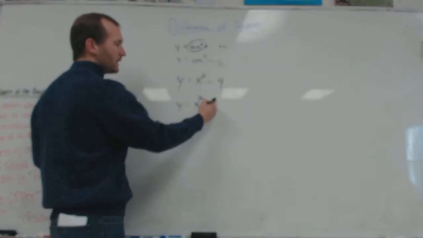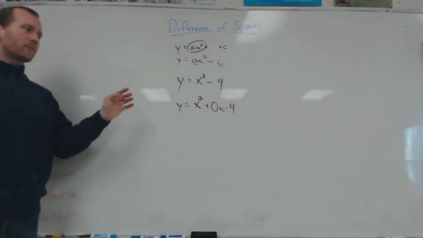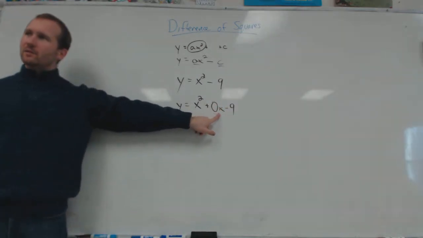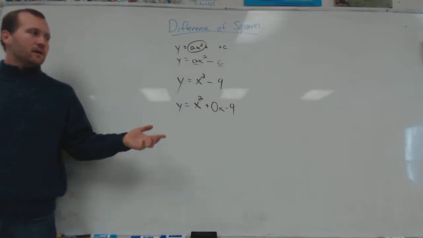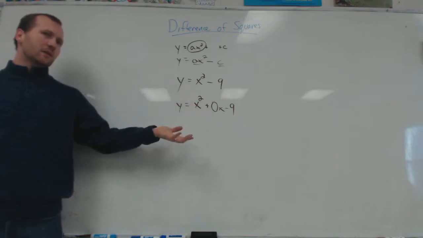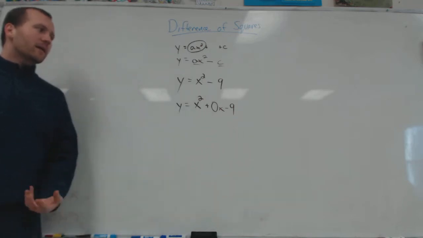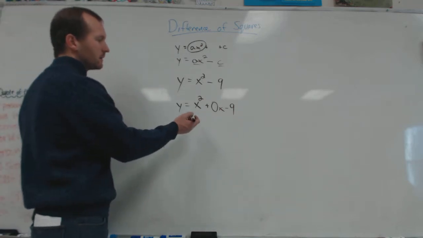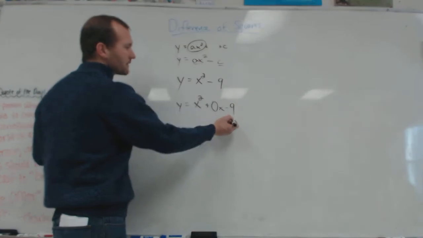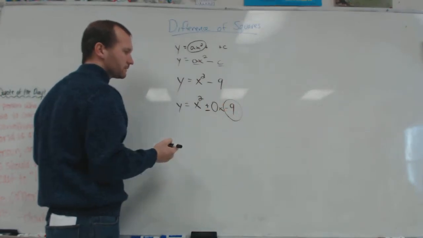So I'm going to put in my x term. It's 0x. Would everyone agree that this is the same thing as this? 0x is just 0, so I'm not really adding anything. It's just a different way of looking at this. And then I'm going to think about this as, okay, I need factors of 9 whose difference is 0.